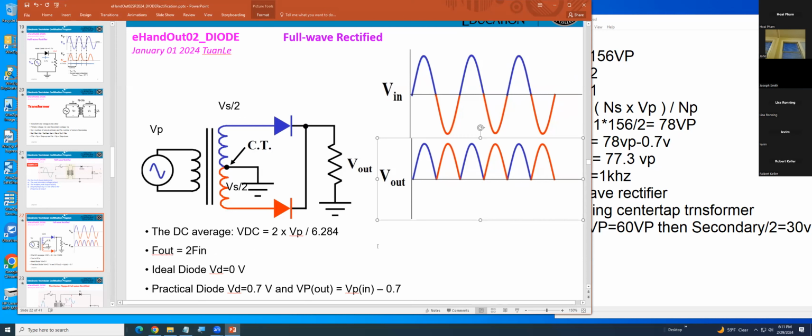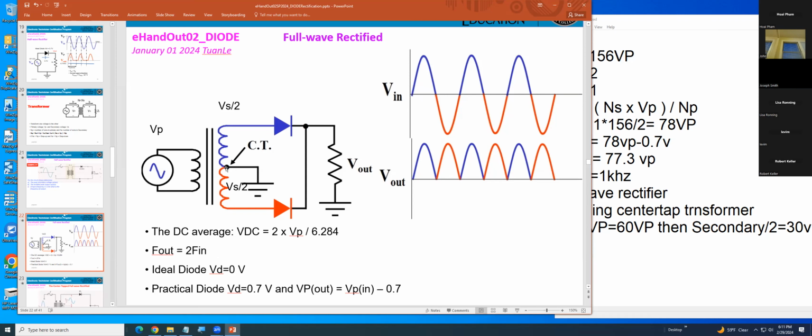Okay, so when you're looking into the circuitry, you recognize this is the full wave rectifier. They rectify both positive and negative of the signal input. And also they're telling you the frequency output will be double the frequency input. If they say input 1 kilohertz, then the frequency output will be 2 kilohertz.